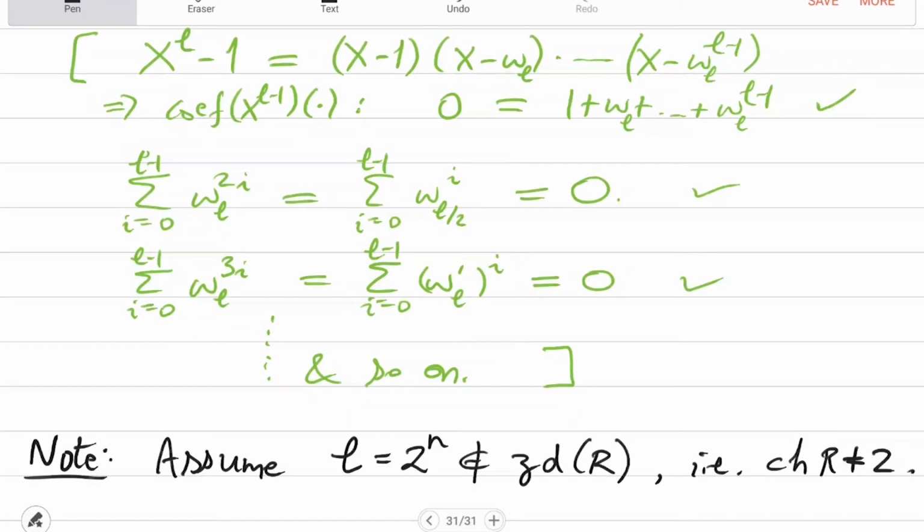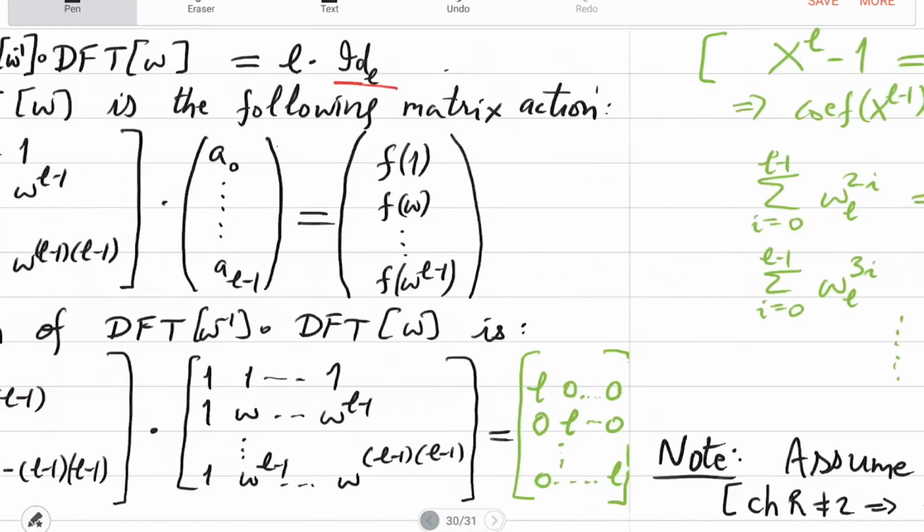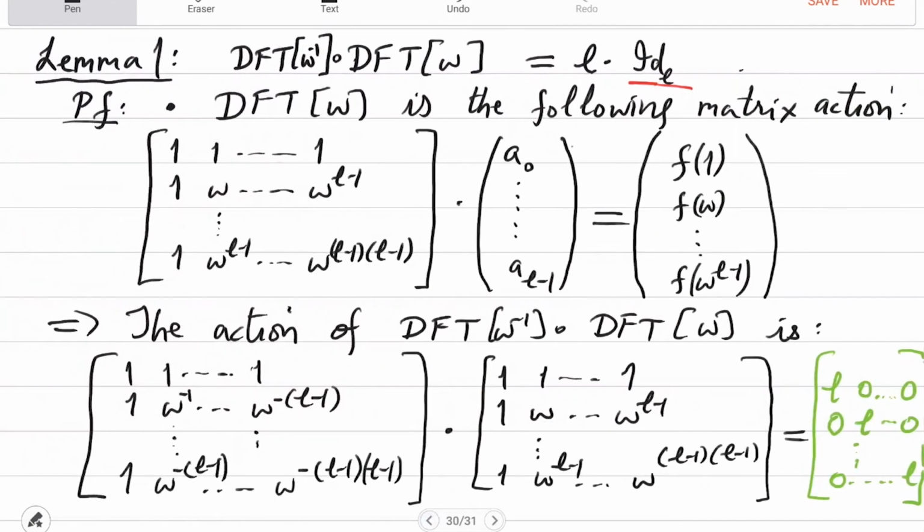It's a simple correction. The reason you need L to be invertible: characteristic of R not equal to 2 implies that L inverse exists. So you want L inverse to exist so that, by lemma 1, you can say that DFT omega inverse divided by L is the inverse.